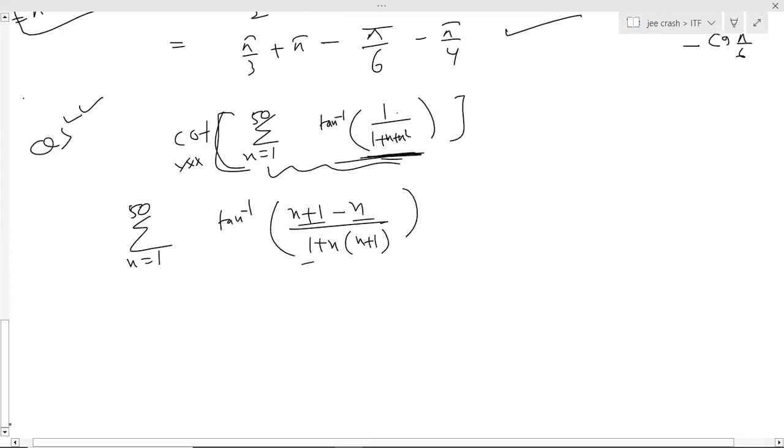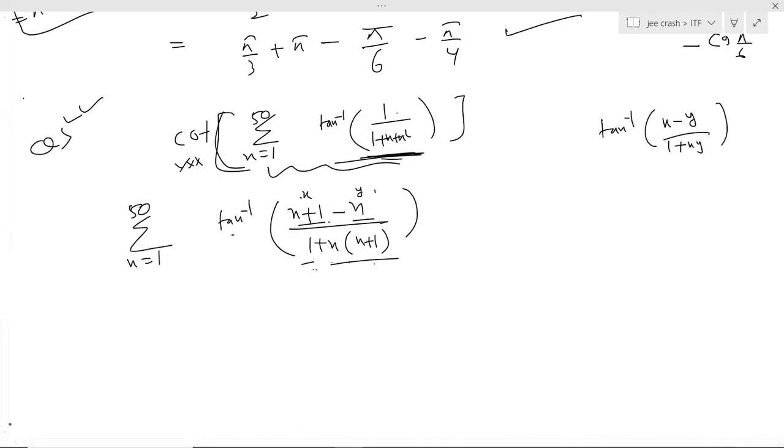Now, can anyone tell me the formula of this? This is some formula. If this is x, this is y, then tan inverse x minus y upon 1 plus xy. Tan x minus tan y. Absolutely right.